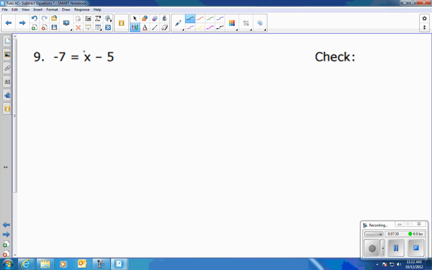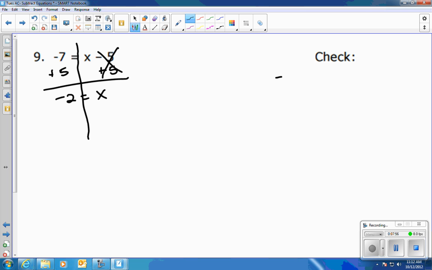This one's pretty much the same thing. You just got to watch your integers. The only difference here is that your x is over on this side. Still the same thing. What do I have to do to get rid of a minus 5? Add 5. Negative 7 and positive 5 is negative 2. And that should equal x because that goes away.